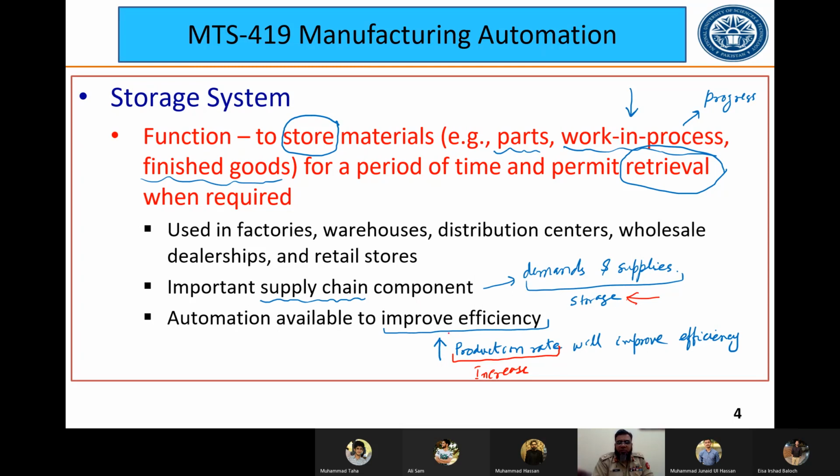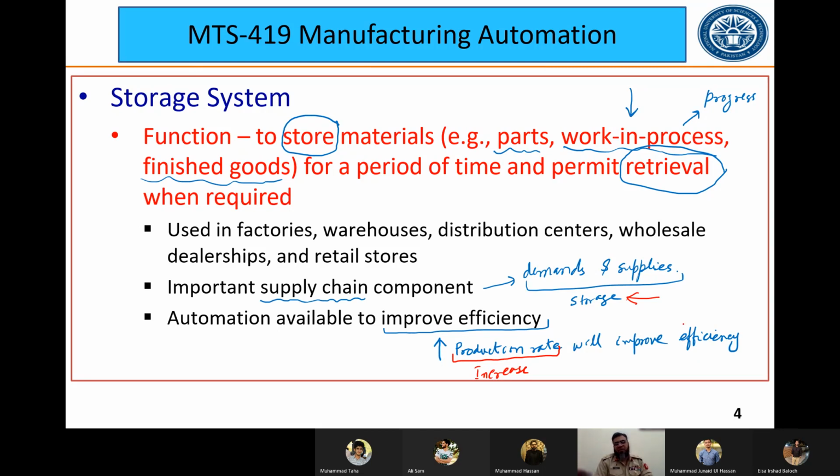So while we are talking about some automated systems or facilities, we can go with an automated storage system also. This actually improves efficiency, meaning that the increased production rate will improve the efficiency of the system.